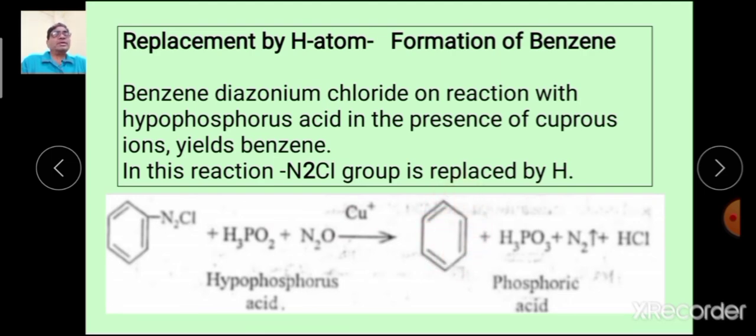Okay, and this is an important reaction for the preparation of benzene, and therefore benzene diazonium chlorides are very useful in the preparation of other important compounds.